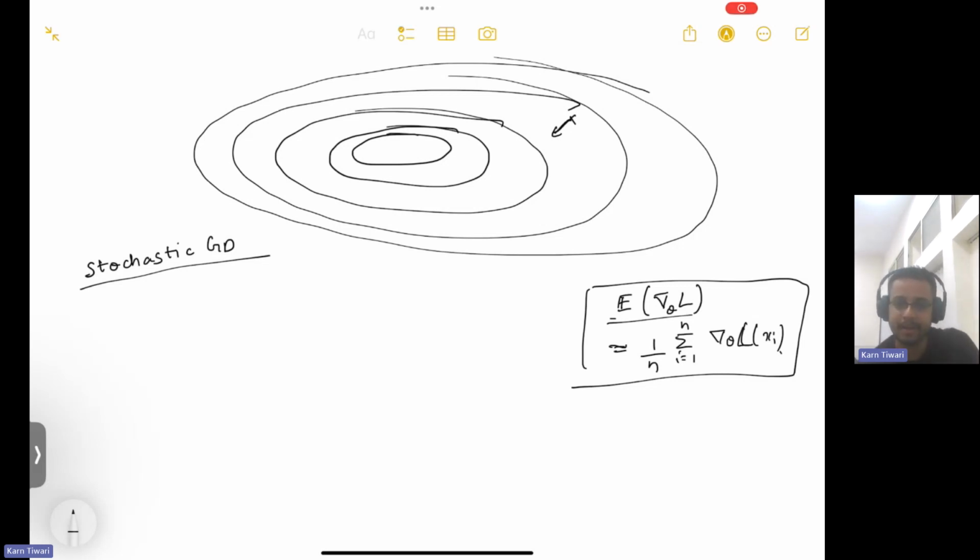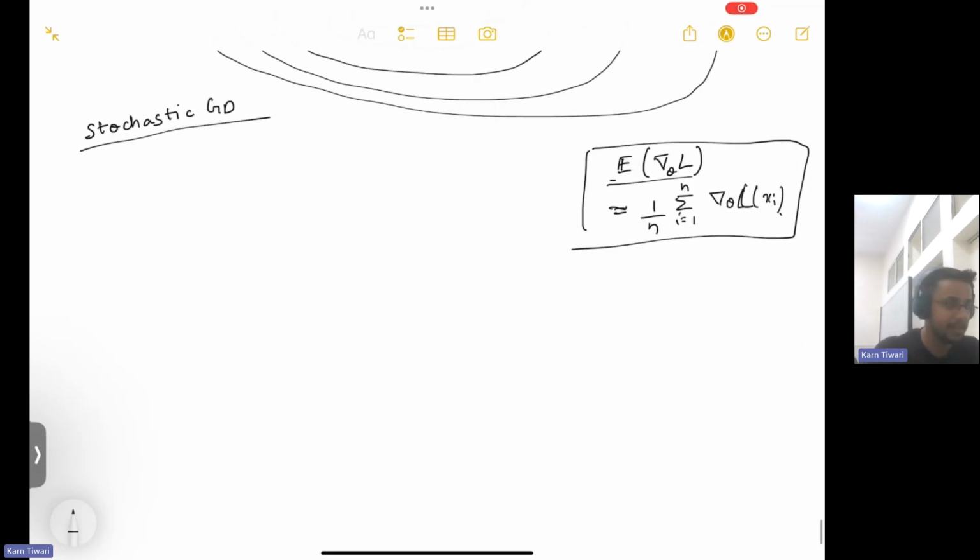But with 100 data points, I can take 100 updates. So can we make sure we are also decreasing, and much faster in the expected sense? That's what stochastic gradient descent is.